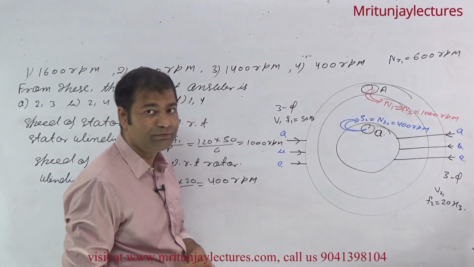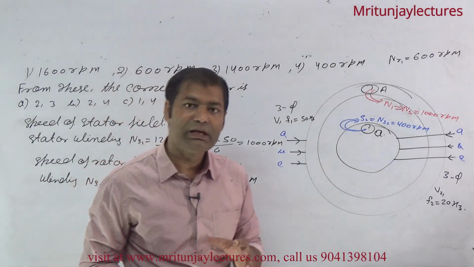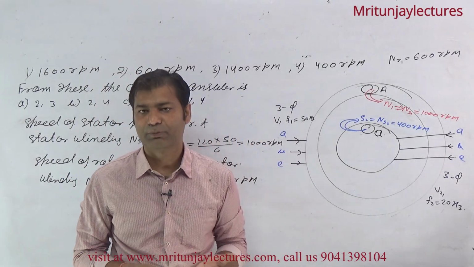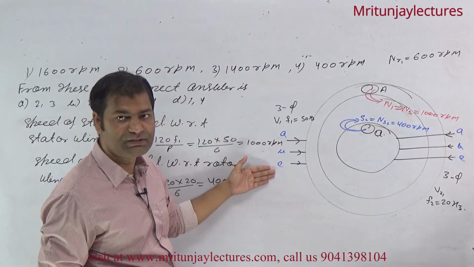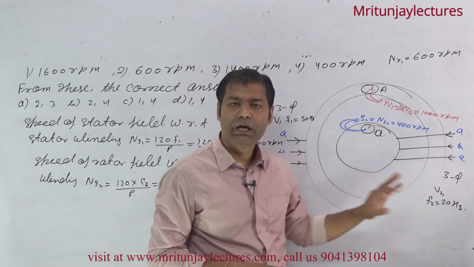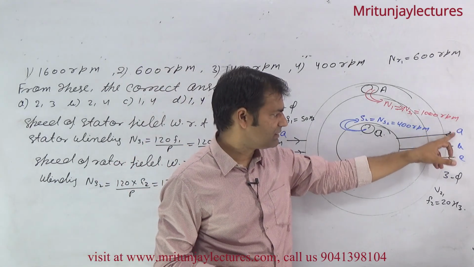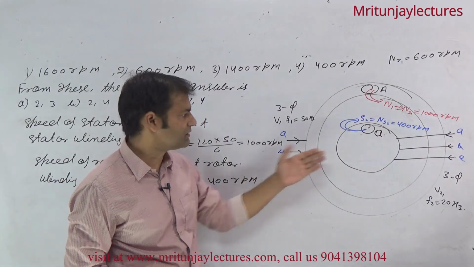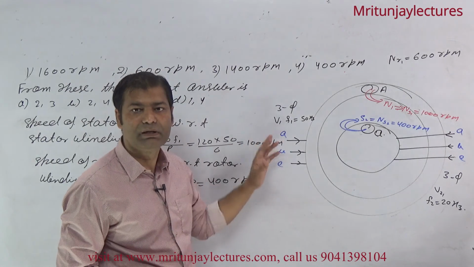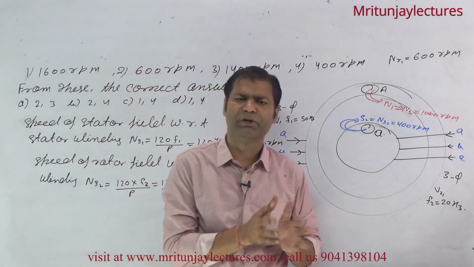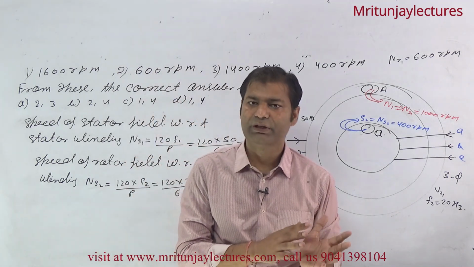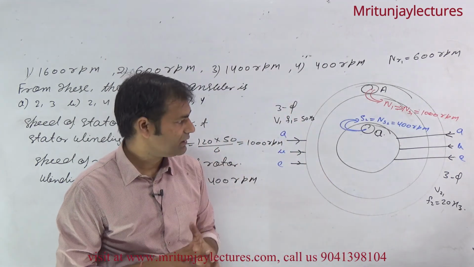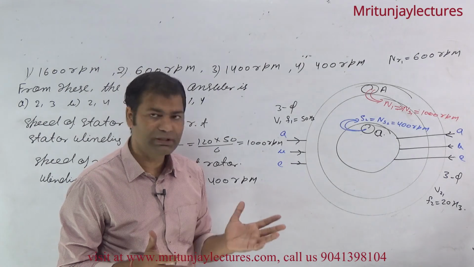First one, if both fields are in the same direction, and second one, if both fields are in the opposite direction. Opposite direction means the stator supply is ABC and the rotor is ACB, or vice versa. That means the stator supply is positive sequence and the rotor supply is negative sequence, a three-phase balanced supply.